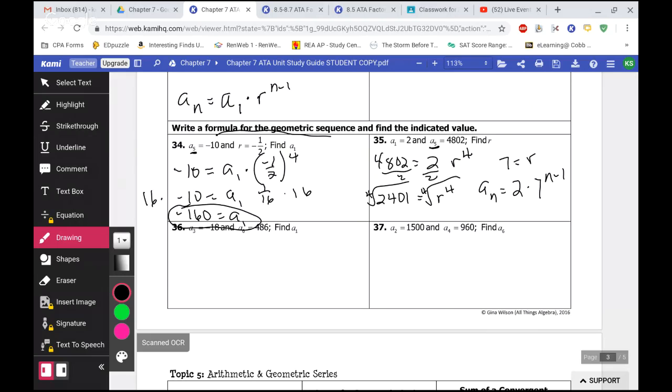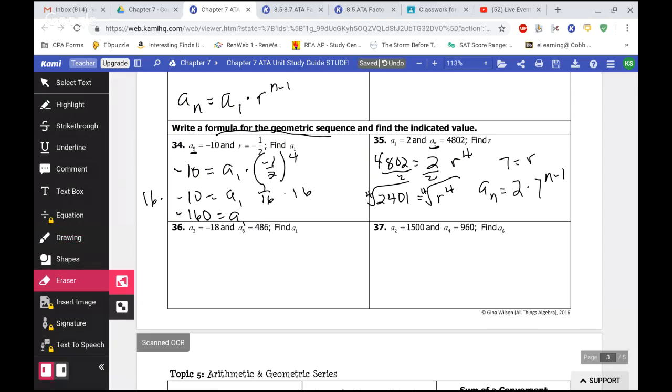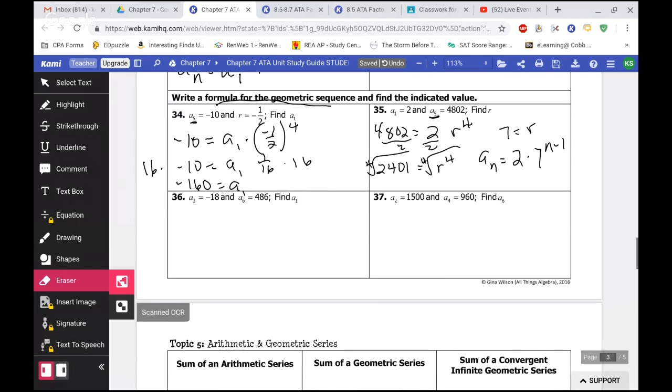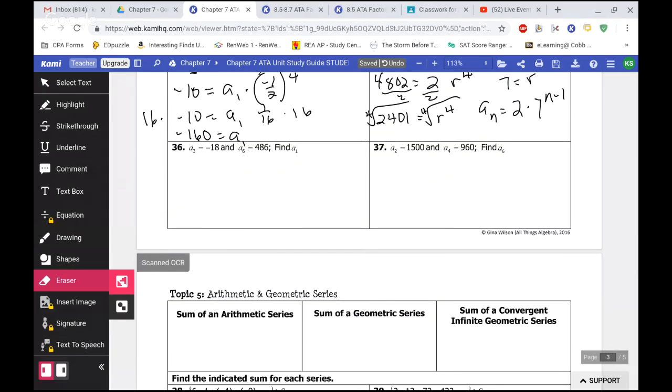All right. So let's see. What is the information given on number 36? We have the 3rd and the 6th term, but we don't have A1, and we don't know the common ratio.